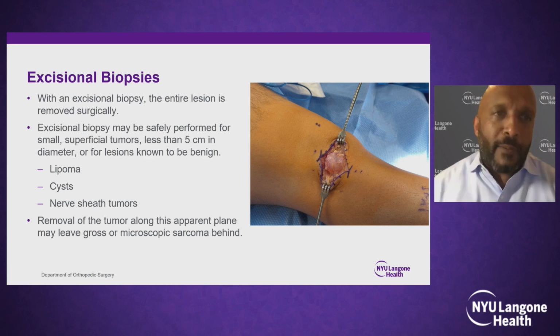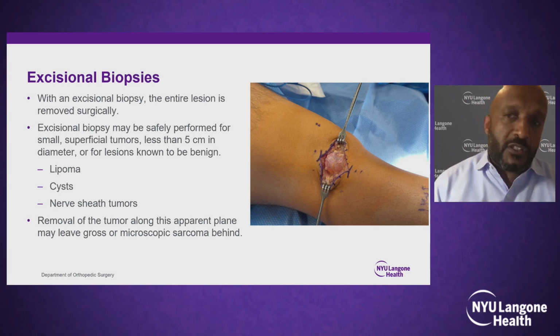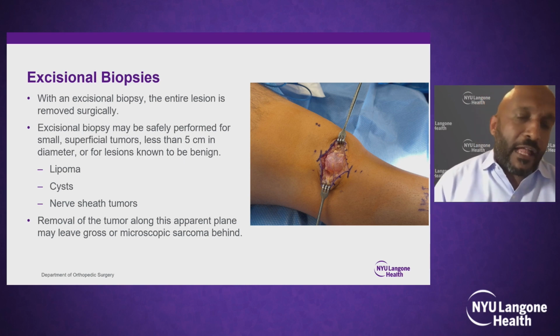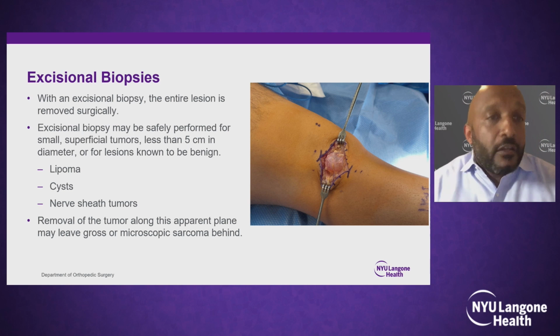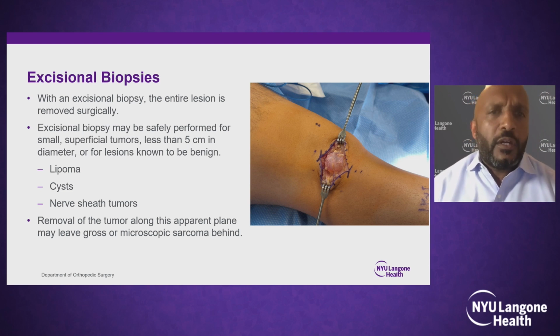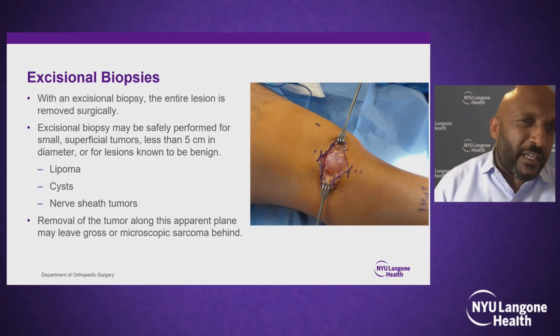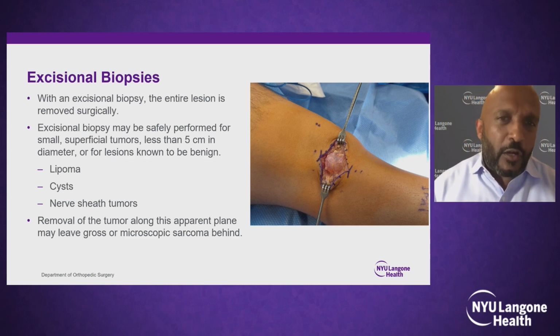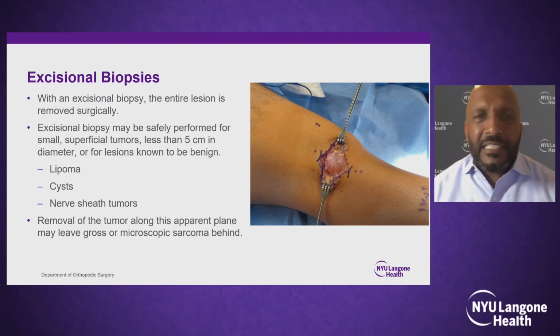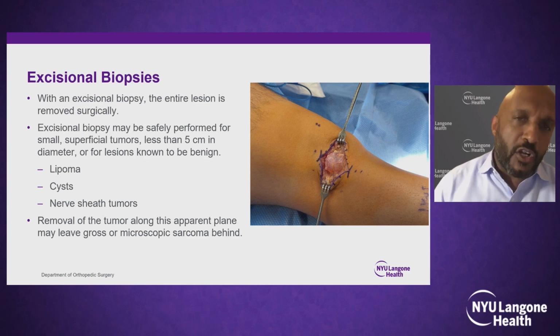These are called excisional biopsies, and in this case, this was a patient of mine that had an obvious ganglion cyst near the knee that was protruding, very palpable and visible, and he just wanted to get it out. So there's still a role for this, and the key is that it ought to be less than 5 centimeters, as a rule of thumb, and when it's a cyst, you could be less aggressive with the type of margins you have.